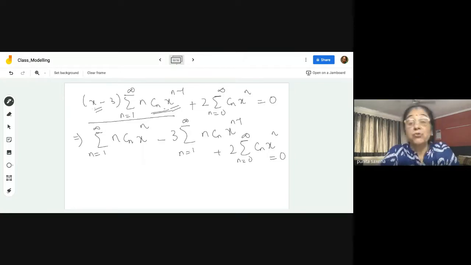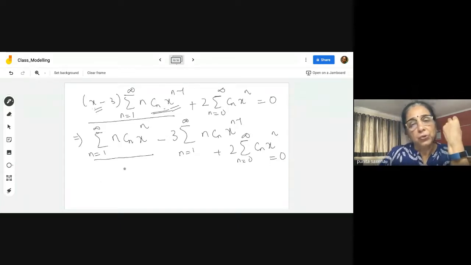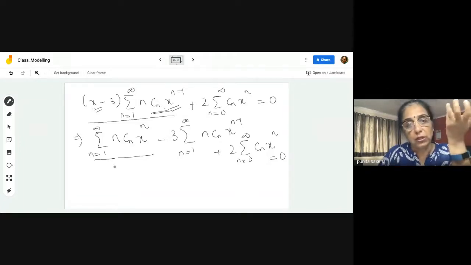Now see what you were trying to do earlier. Now come here. Just look at the first term. Sometimes you need not change the index of summation, in the sense that whether you start the summation with 1 or with 0, the series does not change.